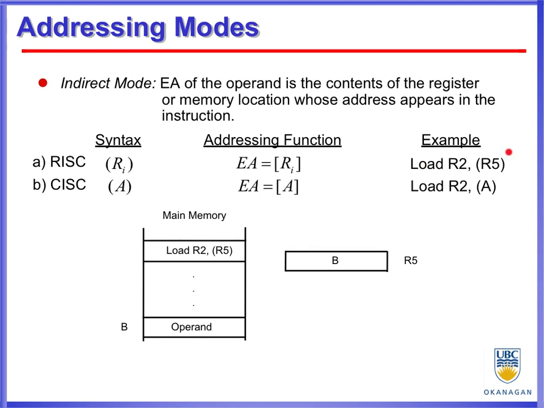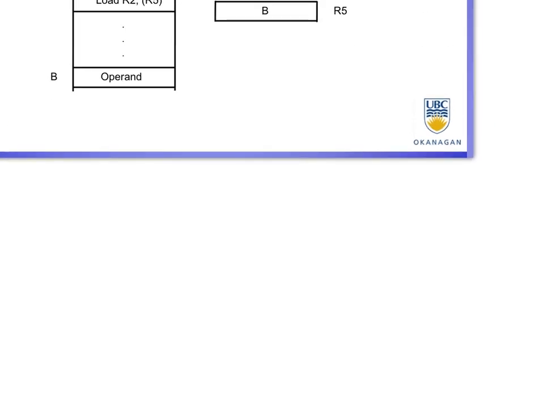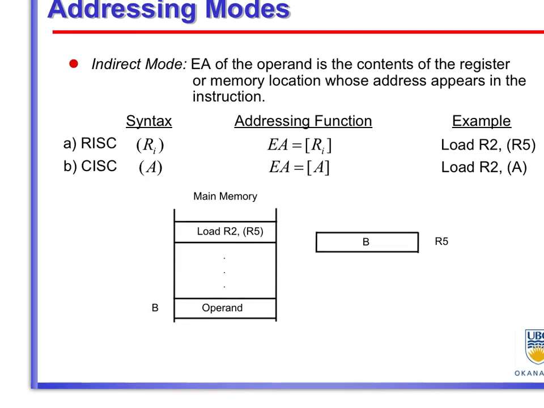So for instance, here we've got a load instruction. Load means go to memory, get a number, and put it into a register in the CPU. Okay, so where are we putting it? We're putting it into R2. Where is the number? Well, the number is at an address, and that address is stored in register R5. So here, if this is our main memory, and this is our CPU, oh, pardon me. It jumps around like that.